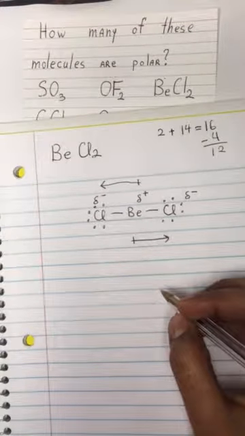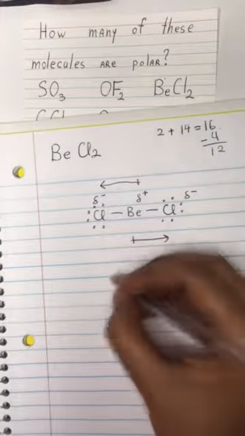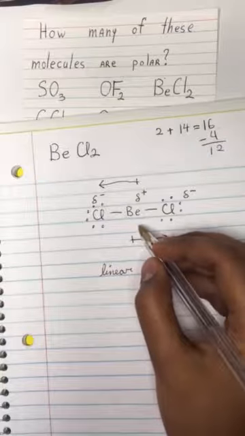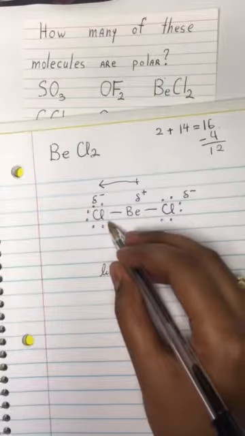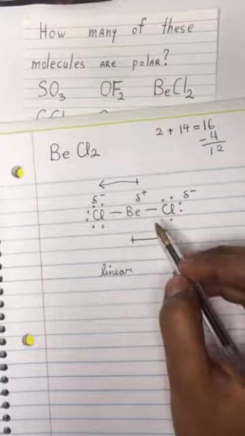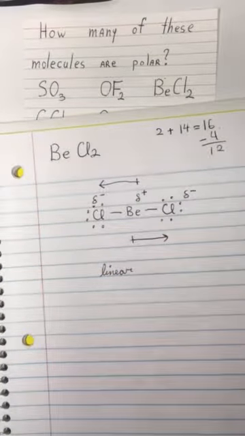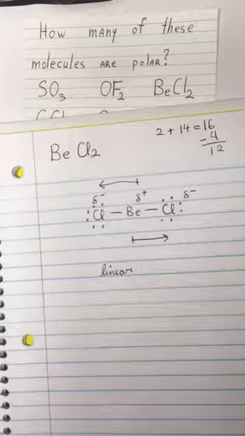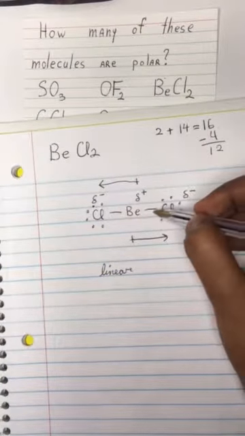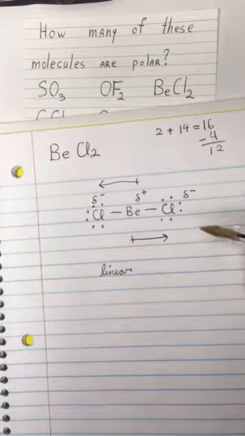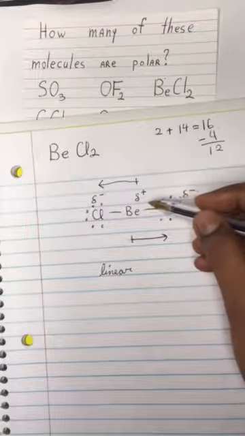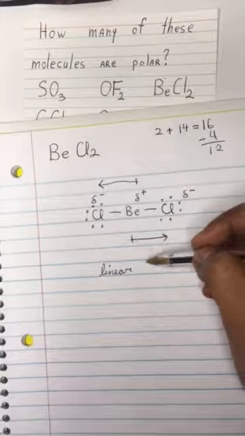The molecular geometry for this molecule is linear because the beryllium central atom makes one bond with each of the chlorine atoms. Therefore, this molecule has a domain electron geometry that is linear because it has 1, 2 domains, and there are no unpaired electrons, which is why the molecular geometry is also linear.